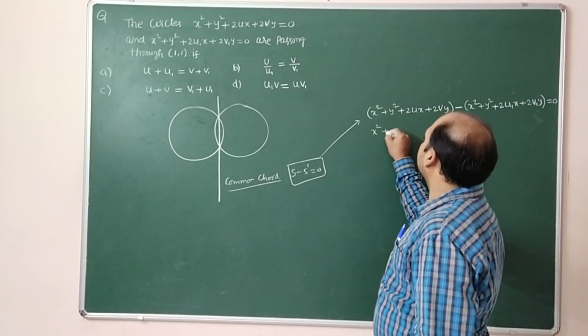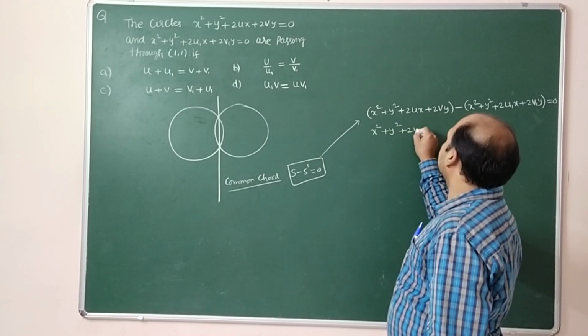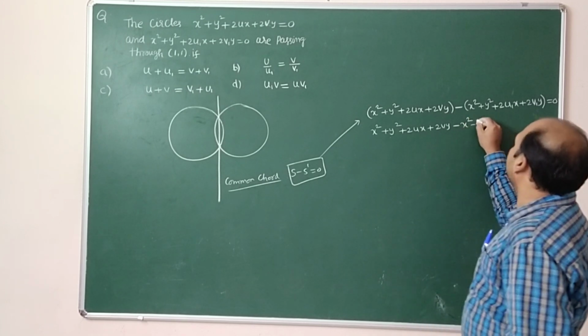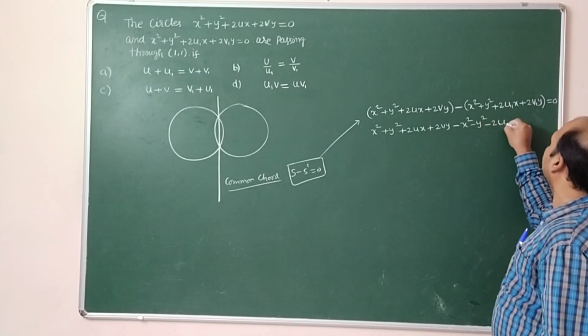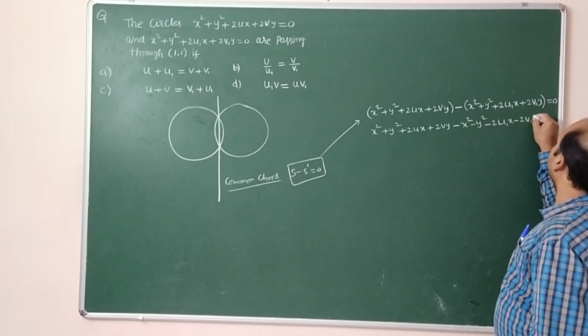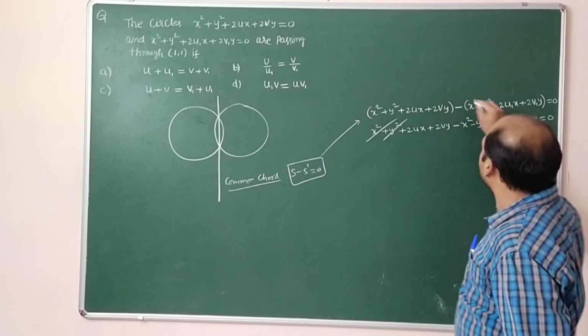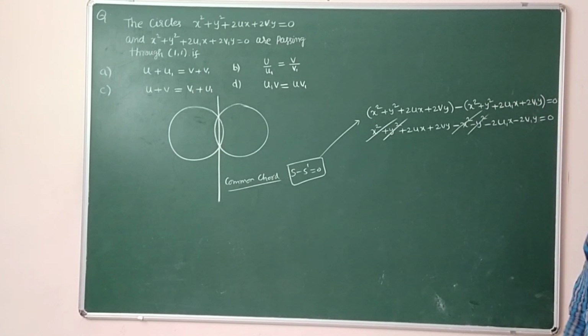So x² + y² + 2ux + 2vy − x² − y² − 2u1x − 2v1y = 0. So x² + y² get cancelled.